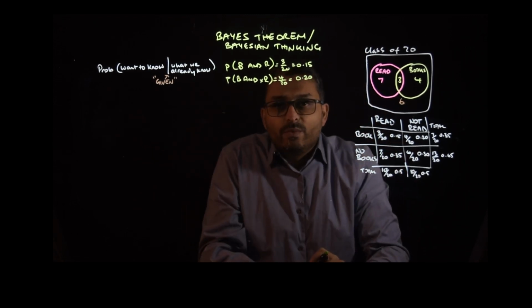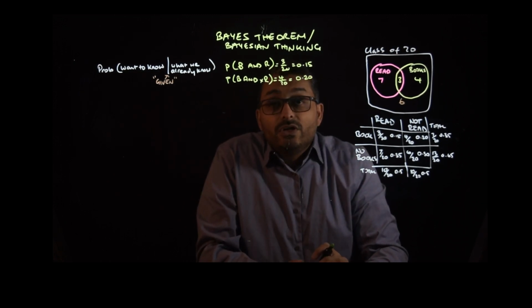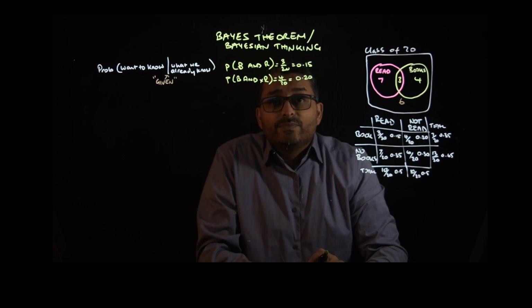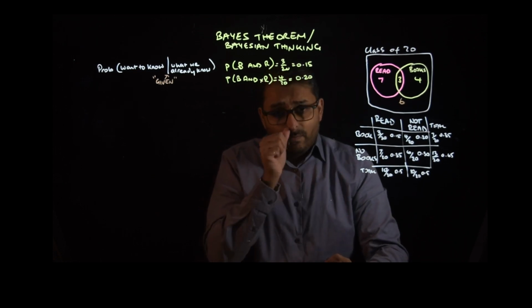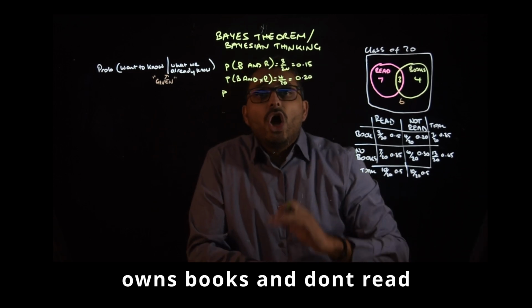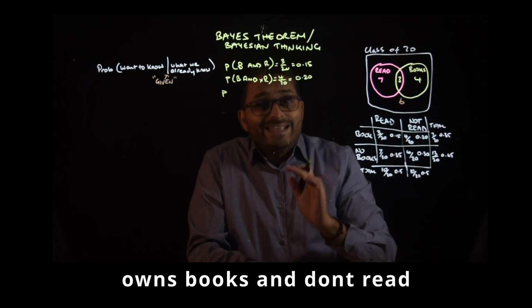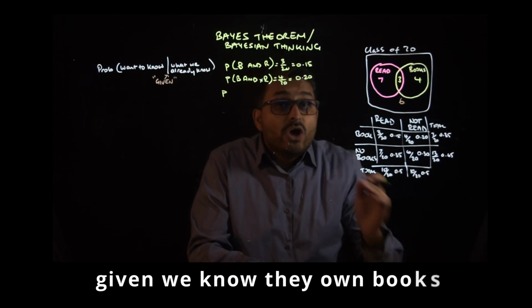Now let's go further with the second example, using conditional probability. What about the probability that they own books but don't read, given that we know they own books?